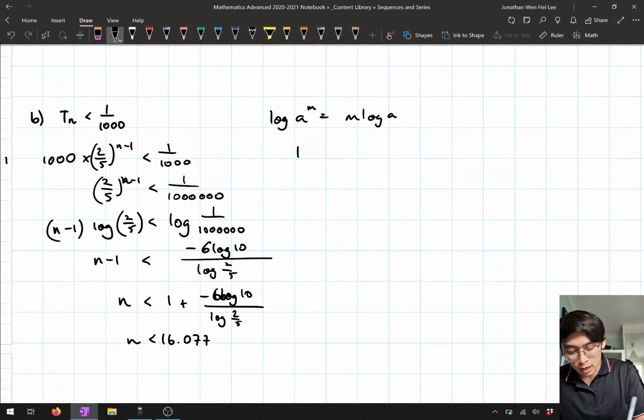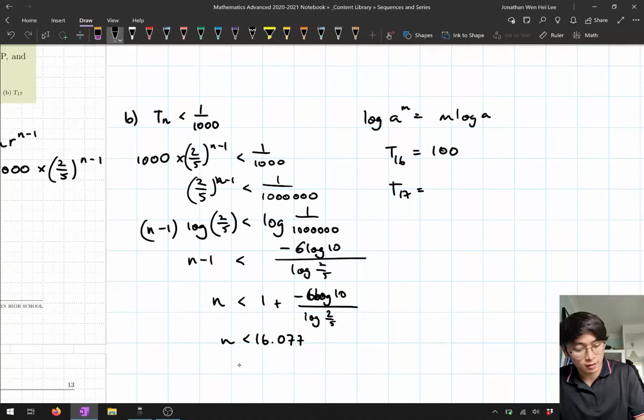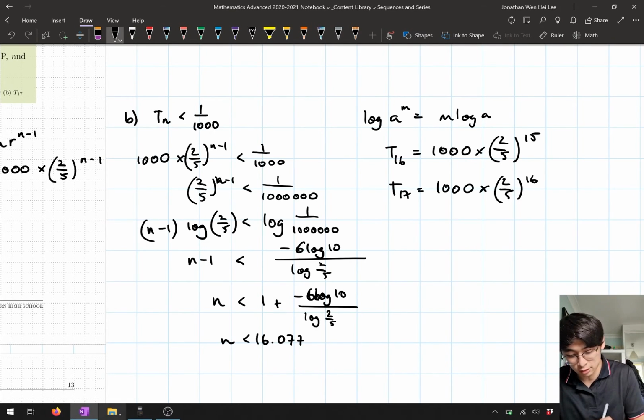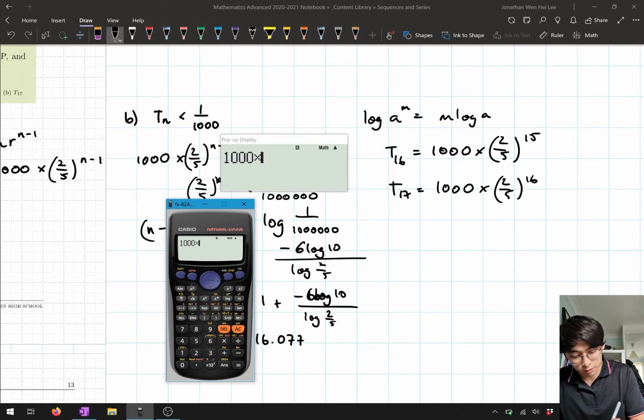So I'm going to go T16 is equal to, T17 is equal to, now using my formula that we had here, that's going to be 1000 times (2 over 5) to the power 15, and 1000 times (2 over 5) to the power 16. So let's just check this in my calculator. 1000 times, let me put a bracket around this, 2 over 5 to the power of 15.